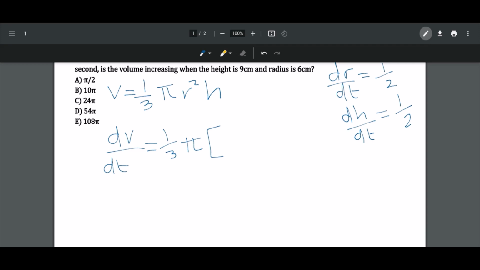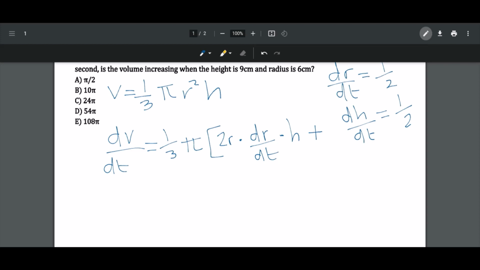The derivative of r squared is 2r times dr over dt, times h, plus, we take the derivative of h and keep r squared as it is.